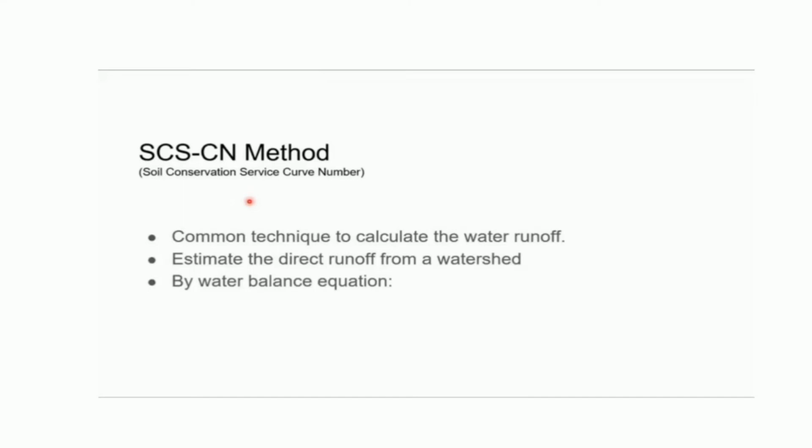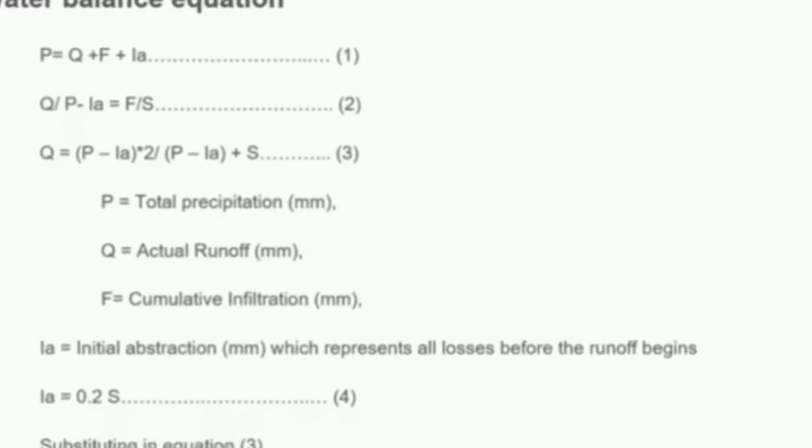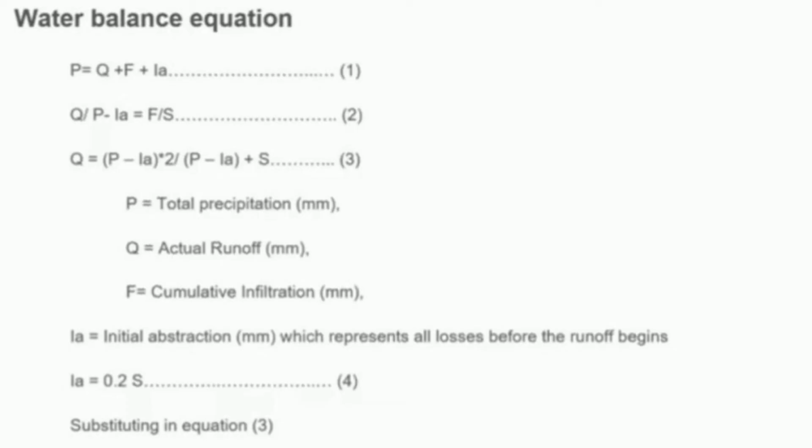SCS-CN method, Soil Conservation Service Curve Number. A common technique to calculate the water runoff, it estimates the direct runoff from a watershed by the water balance equation. The water balance equation: P is equal to Q plus F plus Ia.